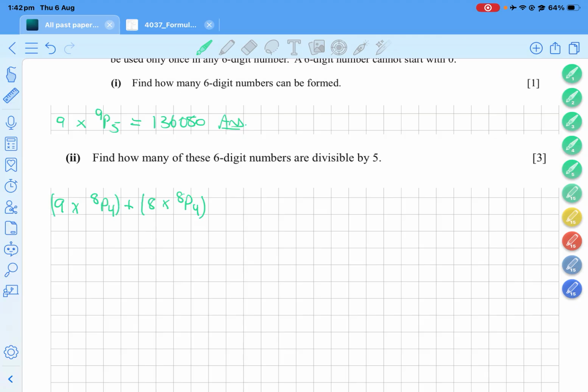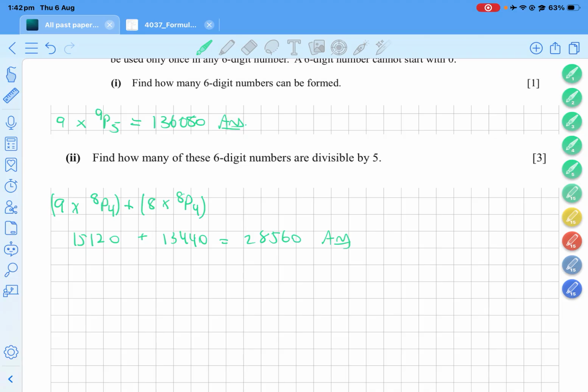Let me calculate as well to make sure. So this is 15120, and then the other one is 13440. And then if you add these together, you get 28560, which is the answer.